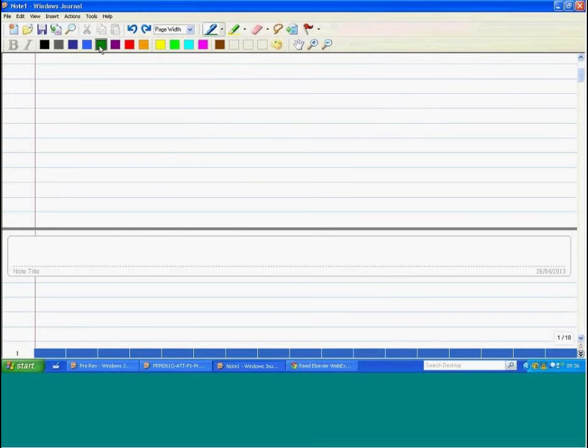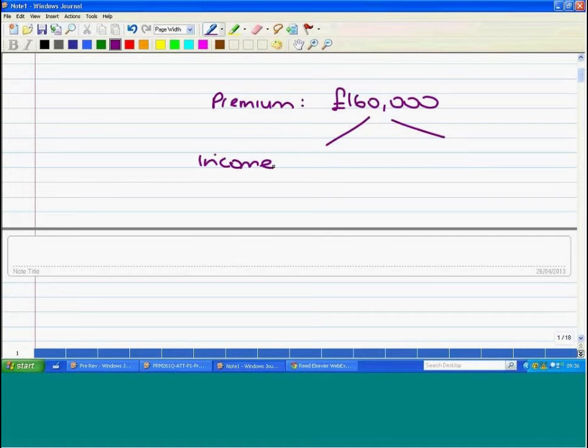Now, if we ever grant a short lease, remember the premium that you receive is always going to be split into an income element and a capital element. So if we take the £160,000 from the question, part of this is going to be taxed in terms of income, and part of it is going to be capital.